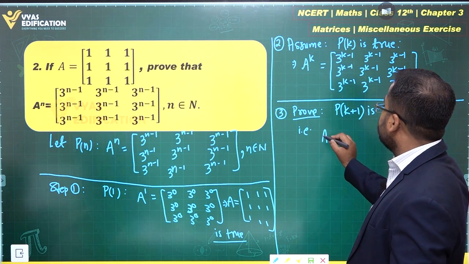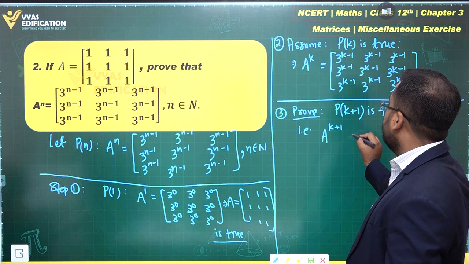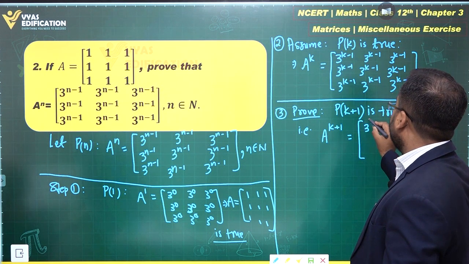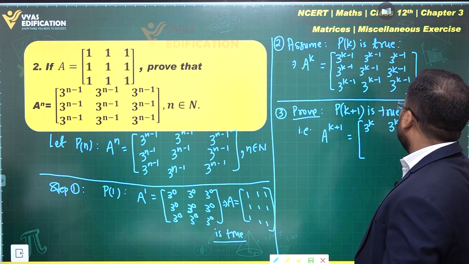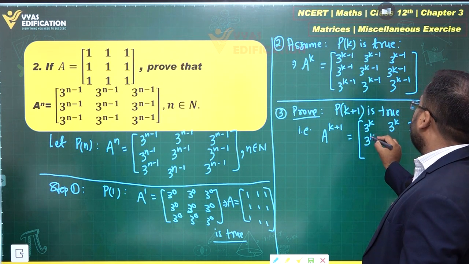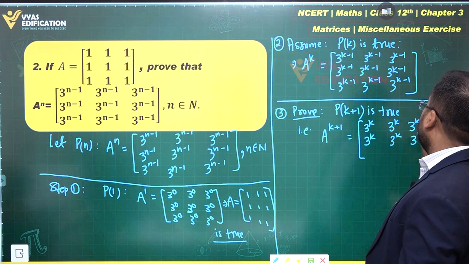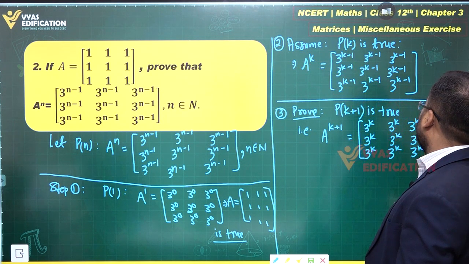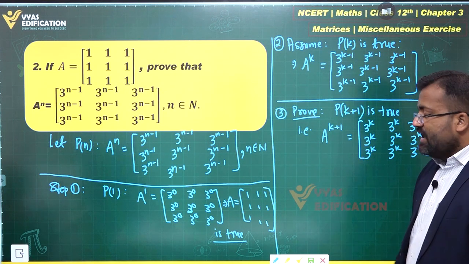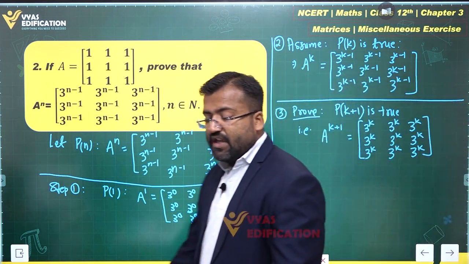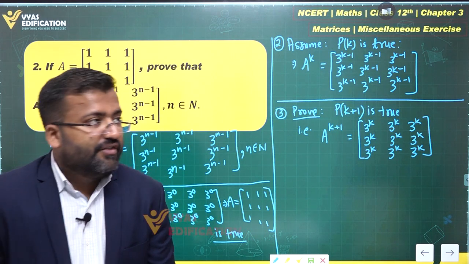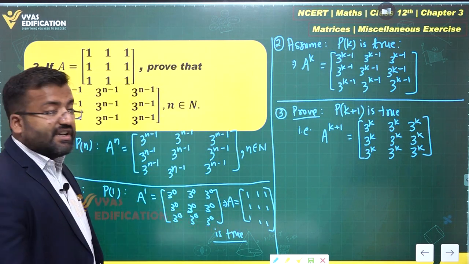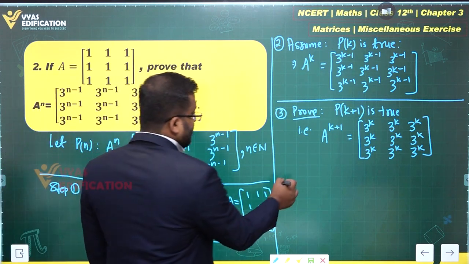So A power k plus 1 is equal to the matrix with every entry 3 power k. This is what we are supposed to prove. For proving this, we need to start with the LHS first. Let's begin with the LHS.